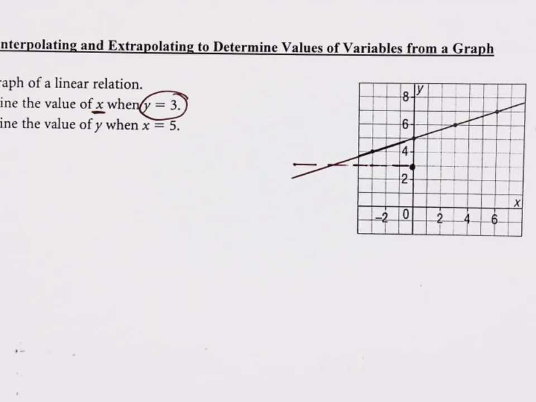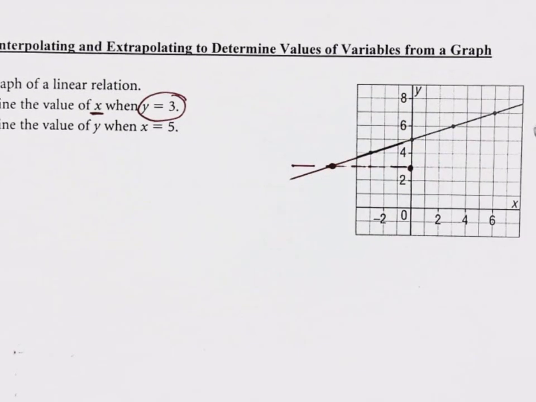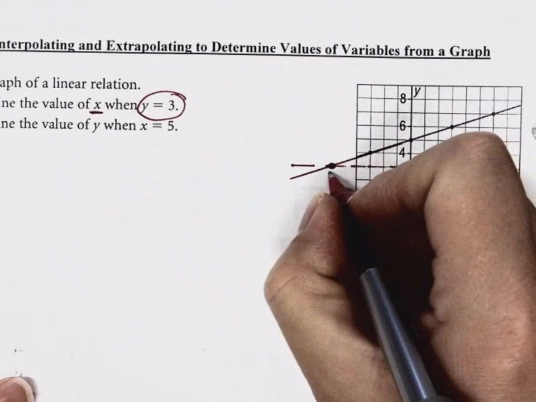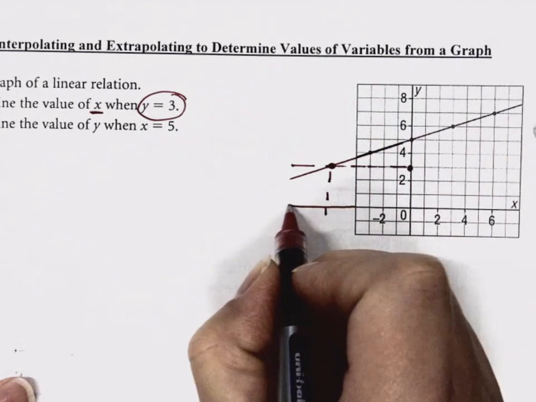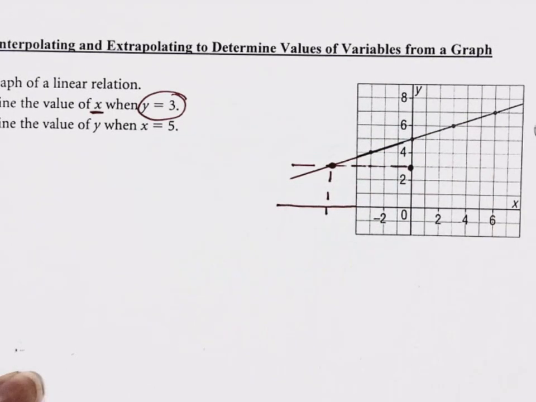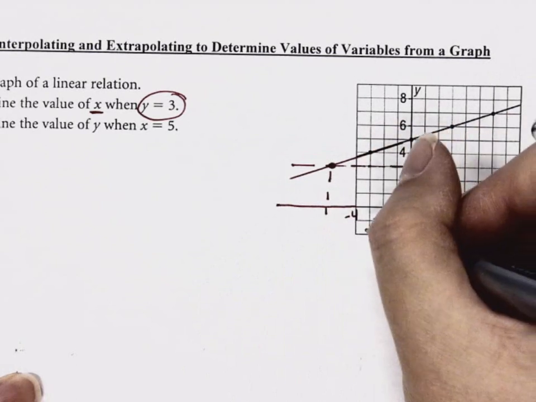So where do you guys think x will be? X will be 3. Where do you think that will happen? Because we need to come down to our x-axis, which is right here. So I'm kind of extending it off. What do you guys know? This would be -3. That would be -4.